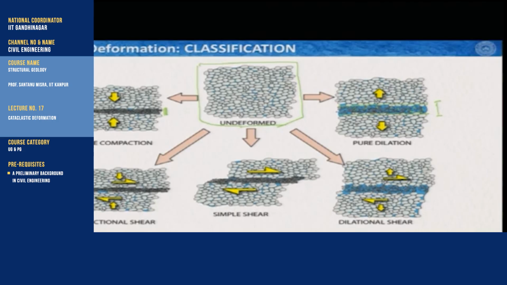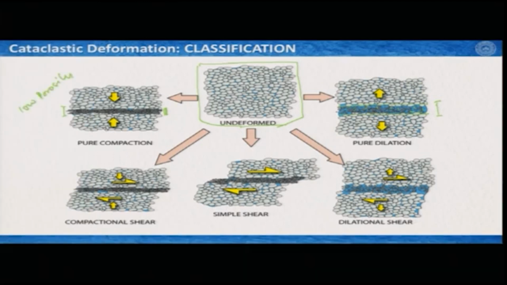So, clearly here this area is of low porosity and therefore most likely of low permeability, but here it is essentially high porosity and high permeability. But if the shear comes into the picture, which is this one, which is simple shear, it also produces something like that, where you reduce the porosity and permeability.